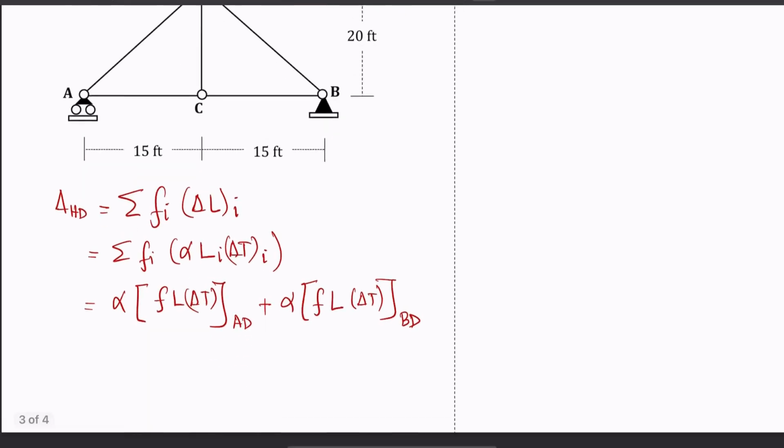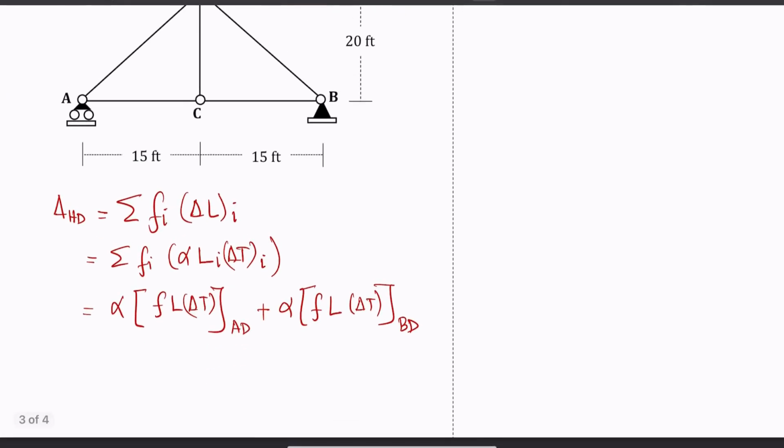Okay, and because we already found the unit load for the same deflection at joint D in horizontal, I don't need to calculate it again. But in case in your exam you have to calculate the member forces F due to your external load.